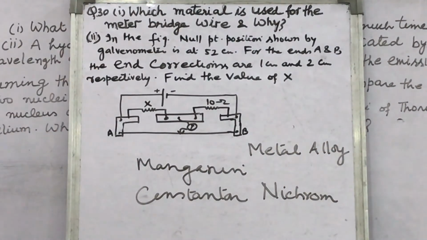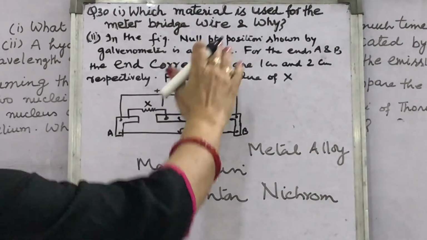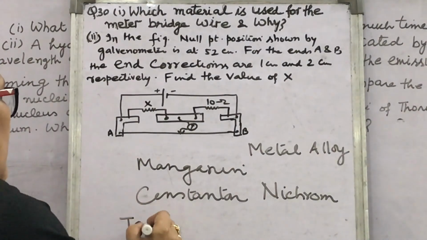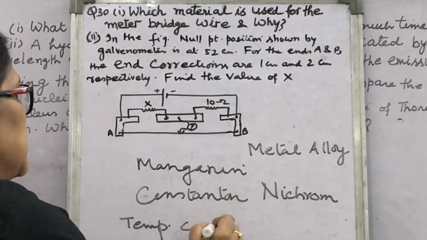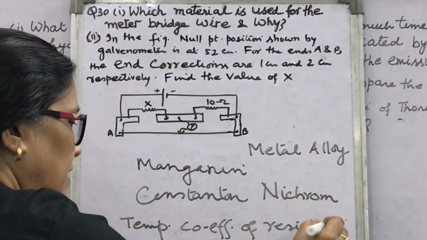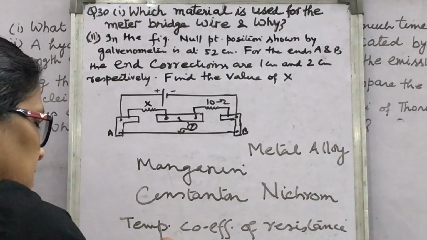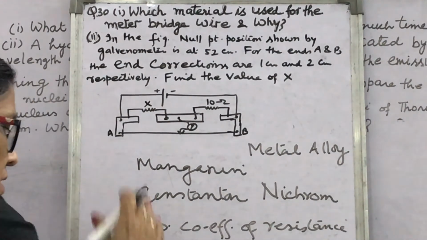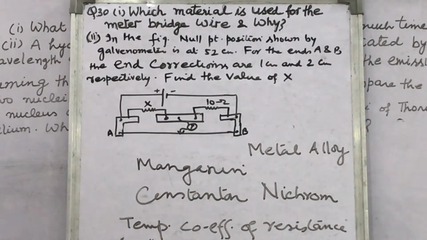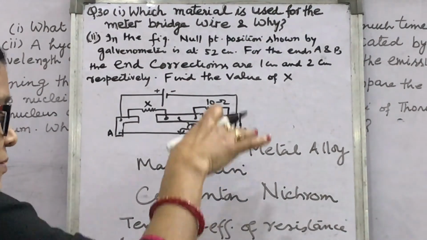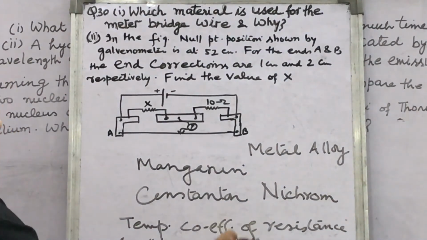Why are these used as a material in the meter bridge wire? Because of their temperature coefficient of resistance. The temperature coefficient of resistance is denoted by alpha. Its alpha is very low or negligible, so that a change in temperature does not bring any remarkable change in the resistance of the wire.